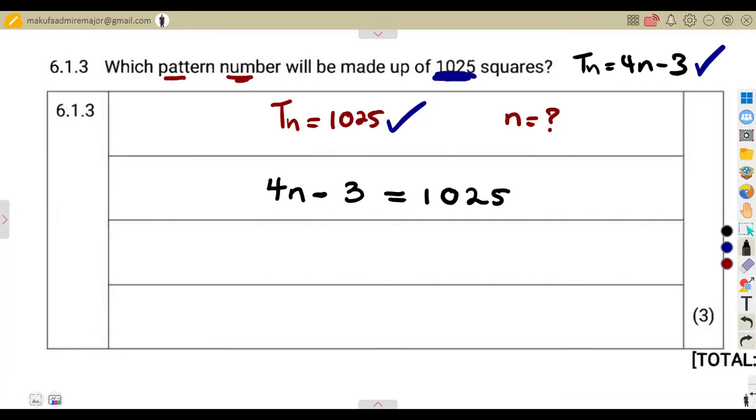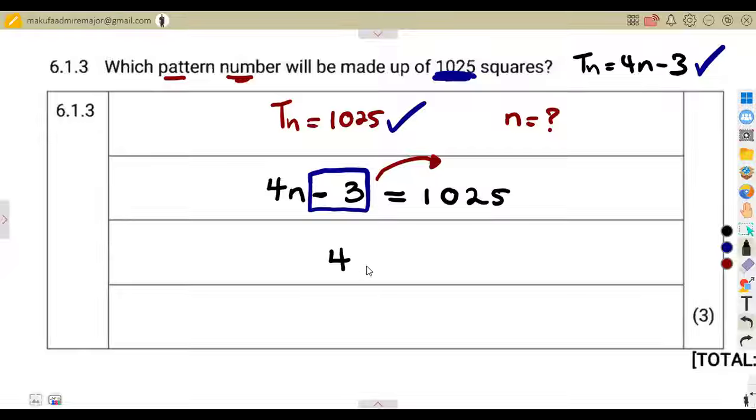How do you solve these equations? I have to remove the minus 3. It's a constant. There is no n there. This one is a variable. So I have to remove this minus 3. But how do I remove minus 3 from this side of the equation? I take it to the other side of the equation. It must jump the equal sign.